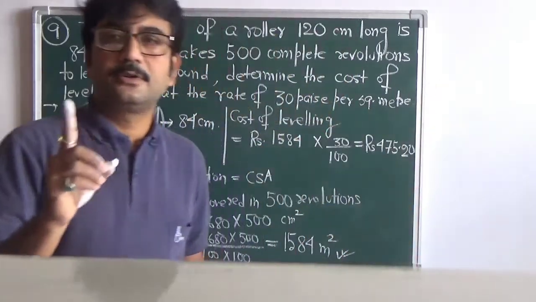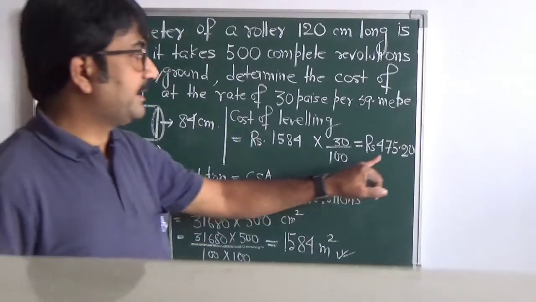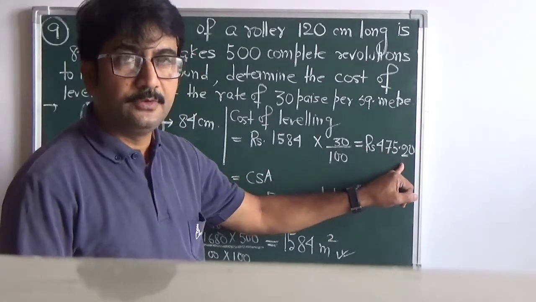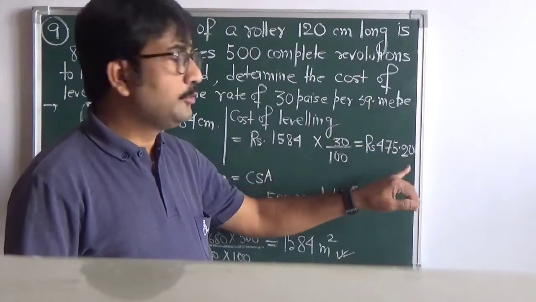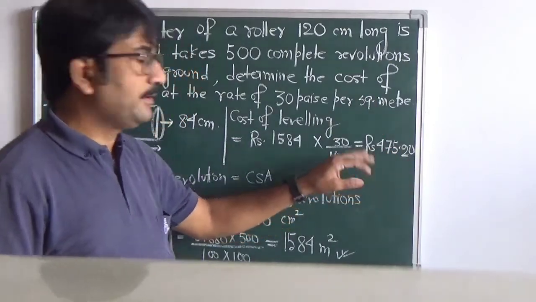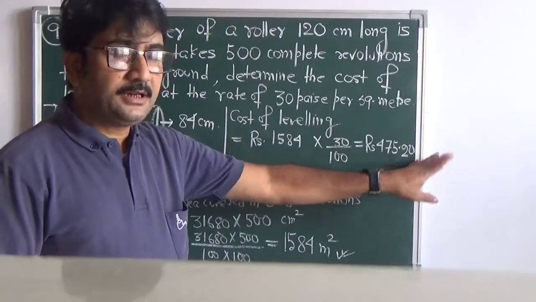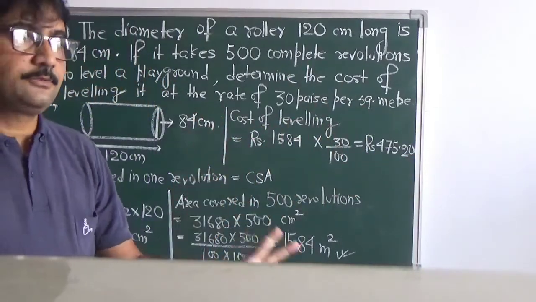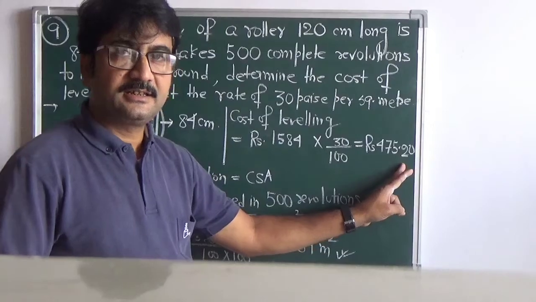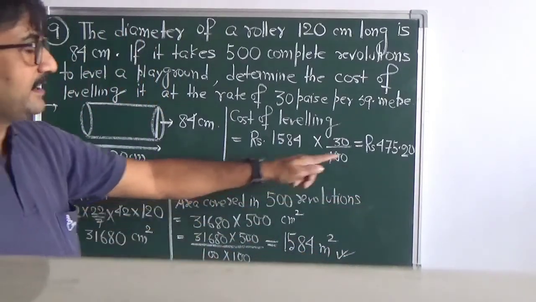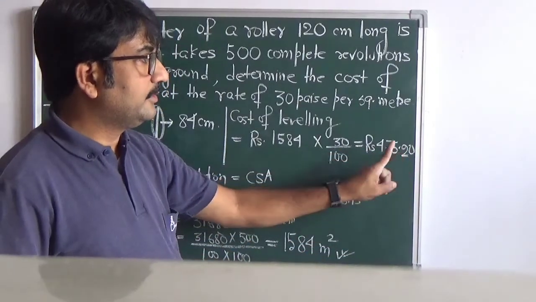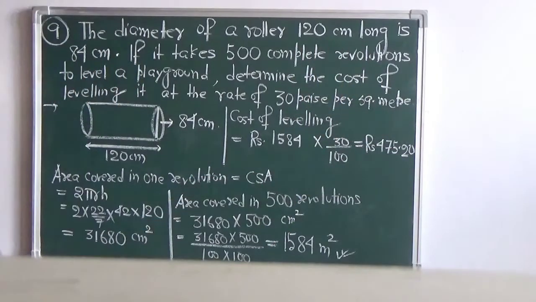Always remember one more thing: while you multiply, if you get 475.2, you definitely make it 475.20, because when describing an amount in rupees, two digits after the decimal part are a must, otherwise you will lose marks. So whenever you are writing 20 paisa, you don't write 2, just add 0 to it. So this is your answer, 475.20. Now we'll move on to the next question.